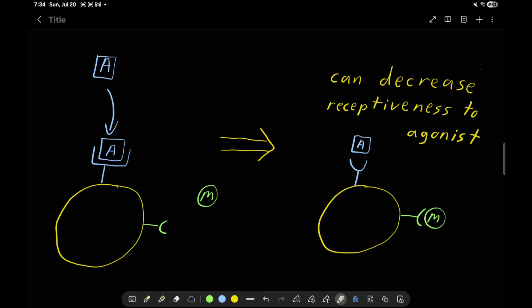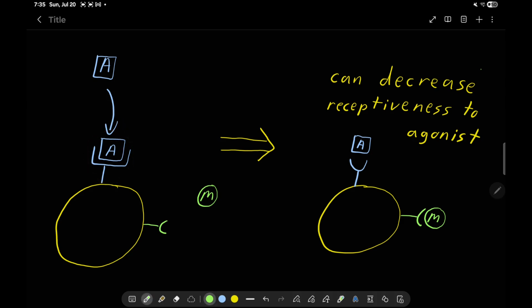So it's important to remember that the opposite can also happen. Allosteric modulators can also be negative modulators. And when they bind to allosteric sites, they can change the conformation of your orthosteric site to have decreased receptiveness and therefore decreased response. So, similar example as before, except now your agonist A and your orthosteric receptor have a much more similar square shape, which allows for a good fit.